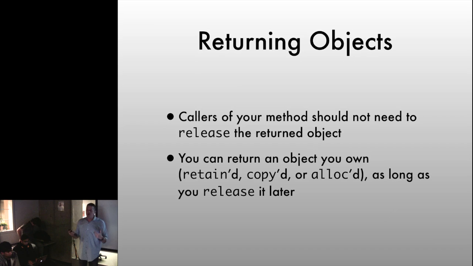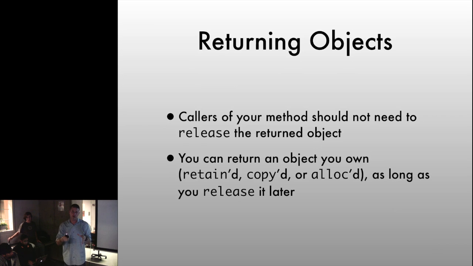So the whole point of reference counting and garbage collecting is that your method shouldn't need to release an object. If you create an object, the caller of your method shouldn't have to be responsible for memory management. So if you're a factory method and you create an object, the person who's using it shouldn't have to be responsible for who is supposed to be releasing the object.